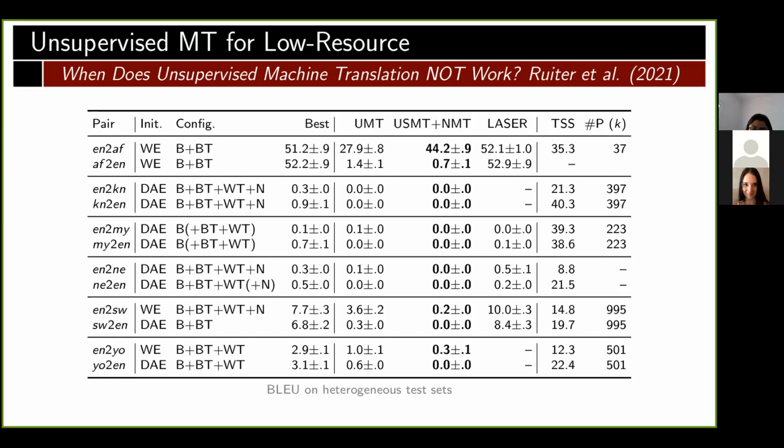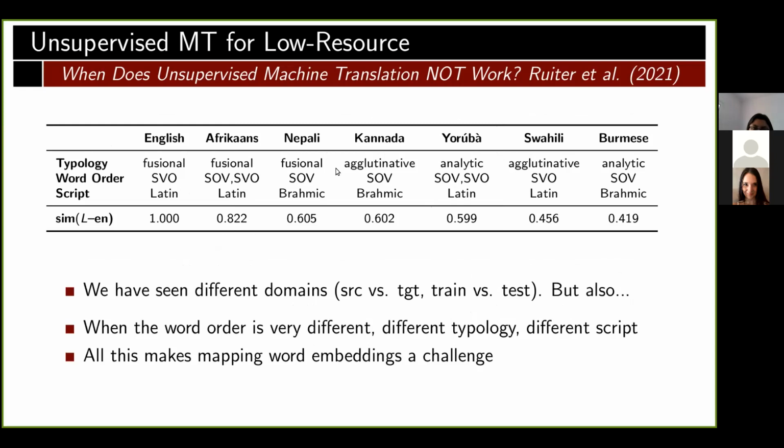The languages are quite close. Let me go back to the table again: the similarity between Afrikaans and English, as measured by some URIEL features, is 0.8. So the languages are quite similar. Both share Latin script, are somewhat fusional, and share most of the word order.